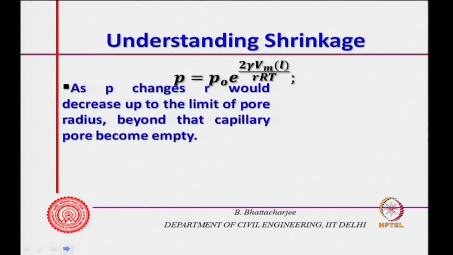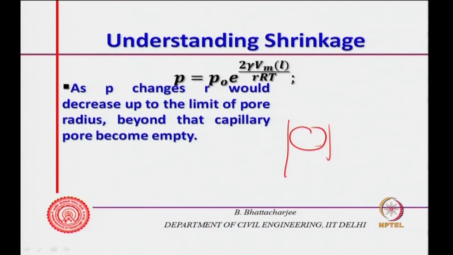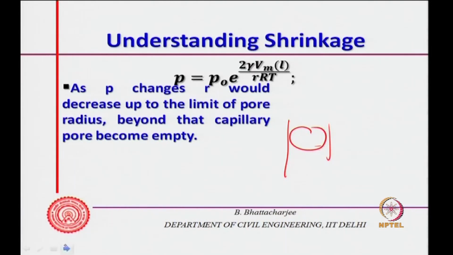Now, as the vapor pressure p changes, r would decrease, up to the limit of the pore radius, because r cannot be smaller than this. So, r changes up to the pore radius and correspondingly p changes as well.